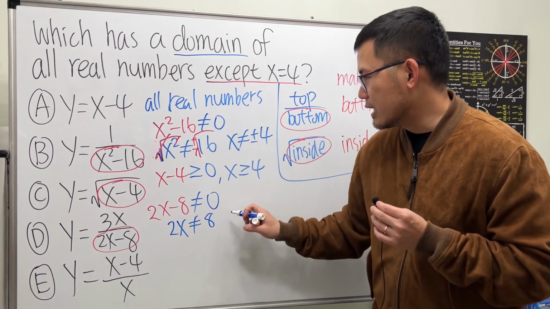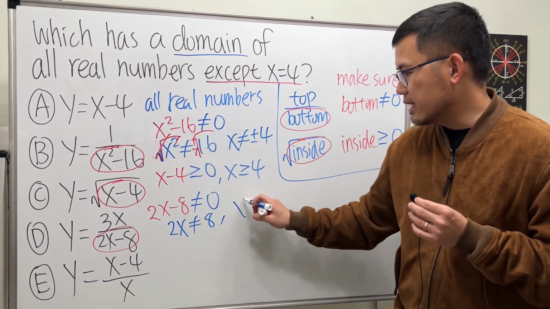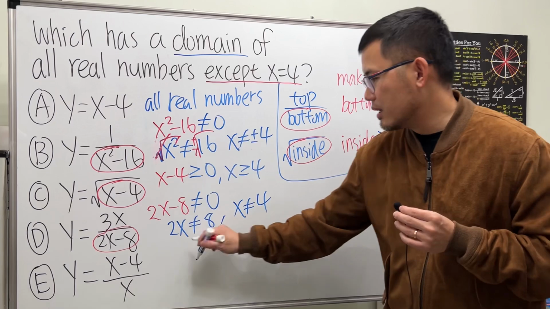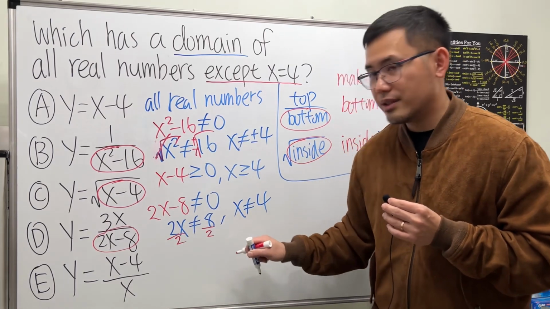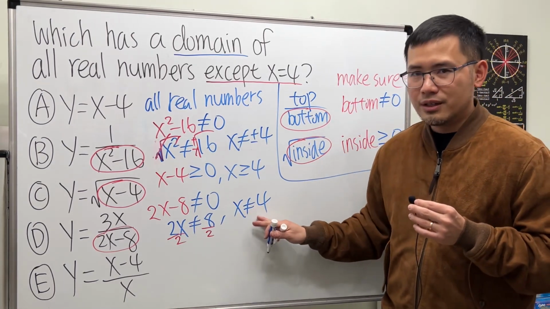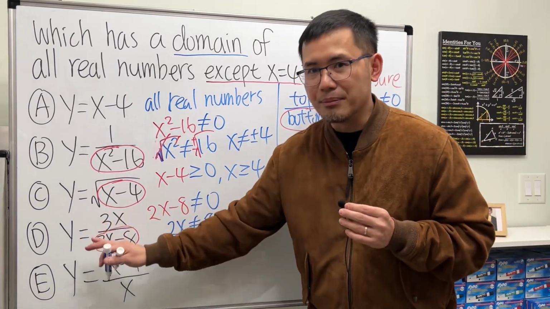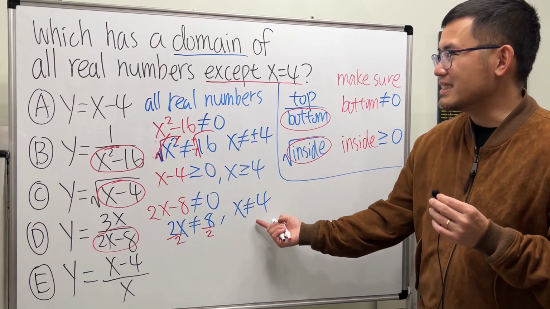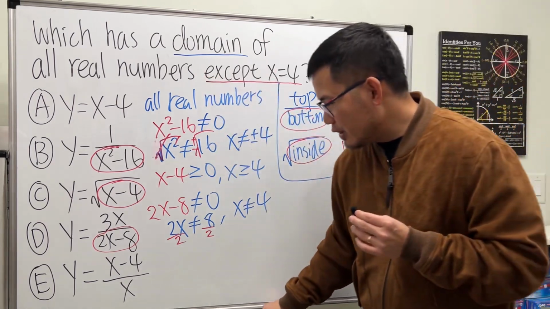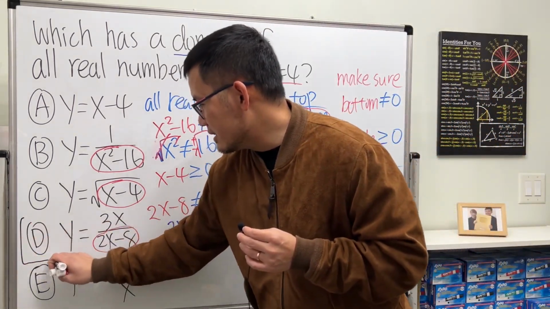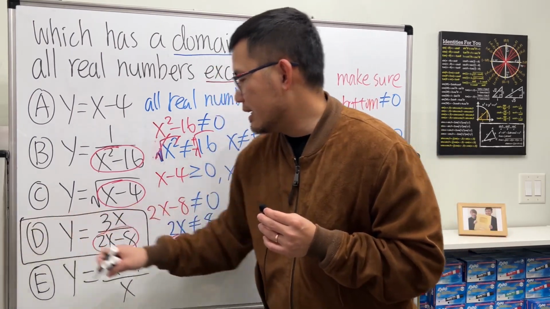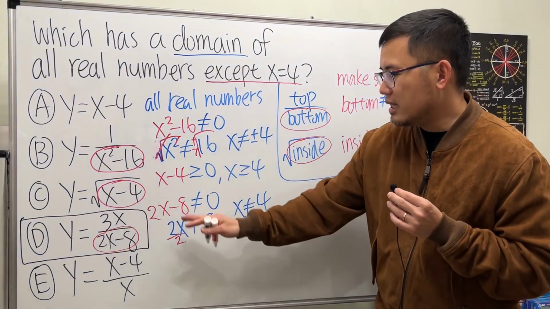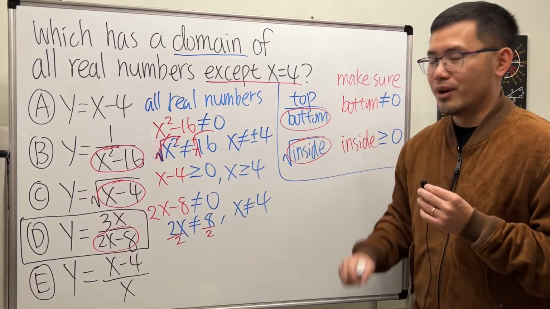And then divide both sides by 2. We get x not equal to 4. As you can see, this right here is x can be any number except for this number 4. That's exactly what the question says. Therefore, the answer is D. It can be any real numbers except for 4.